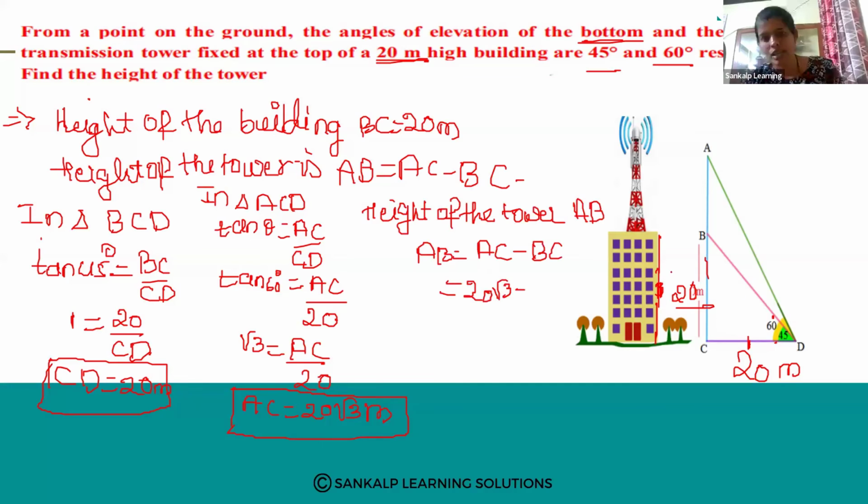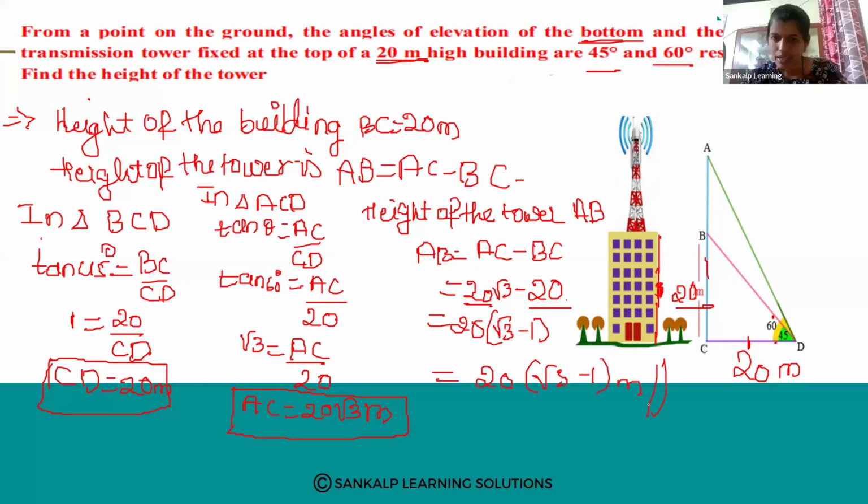BC is 20 meter, that is the height of the building. Here 20 is there, and here also 20 is there, so take 20 common. What is left is root 3 minus 1. So 20 into root 3 minus 1. Therefore, the height of the tower is 20 into root 3 minus 1 meter. This is the height of the tower.